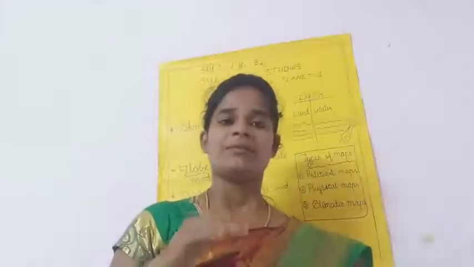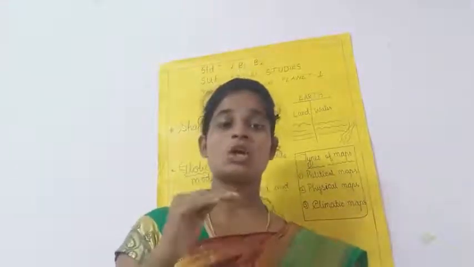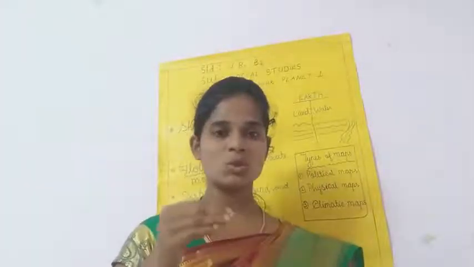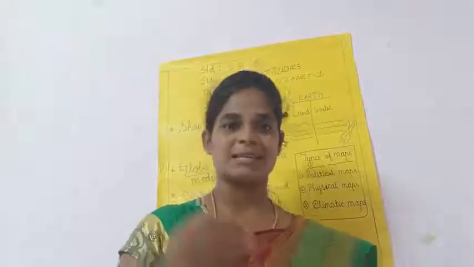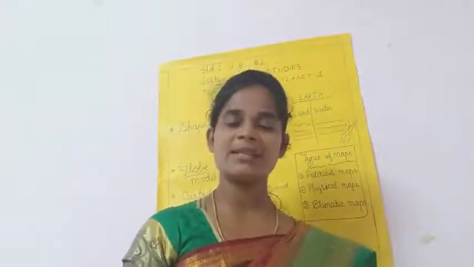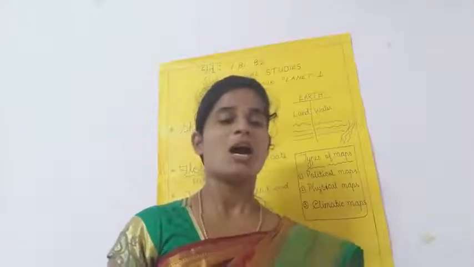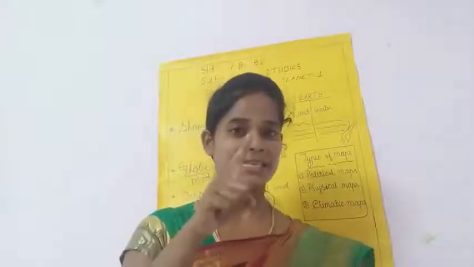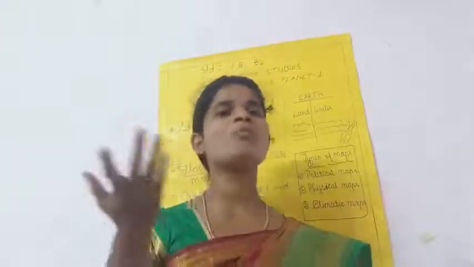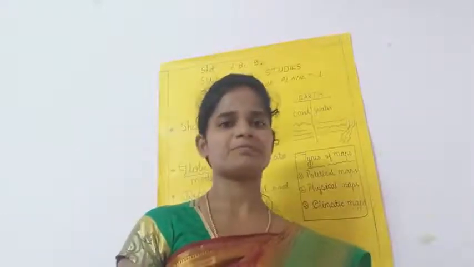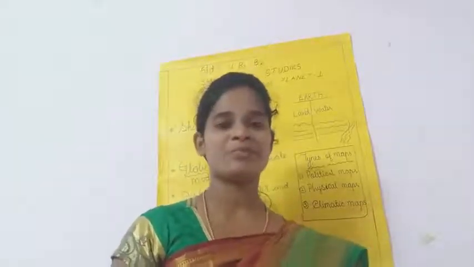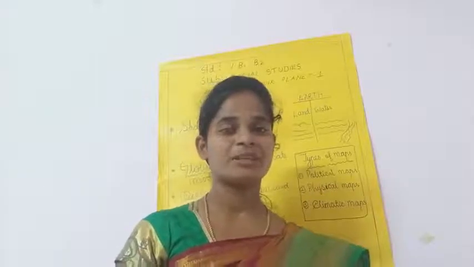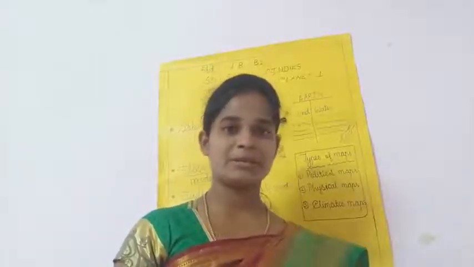And then we touched about globe. Globe is very useful for us to identify and locate places, continents, countries and the ocean water bodies. How many continents are there? There are 7 continents. How many oceans are there? There are 5 oceans. And then last, not the least, map. What's the meaning of map? We said napkin.